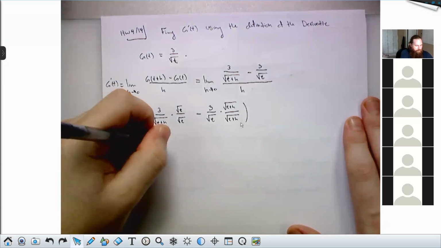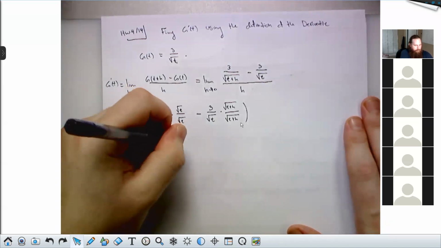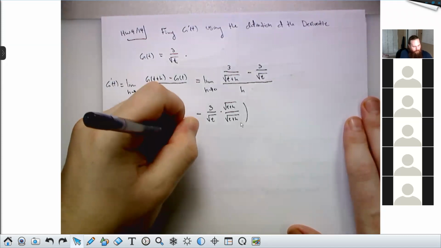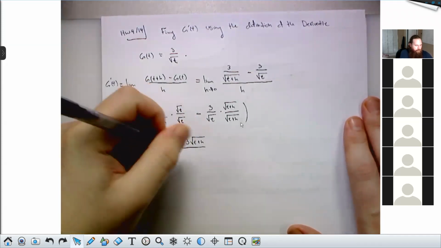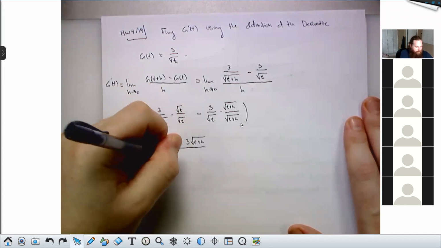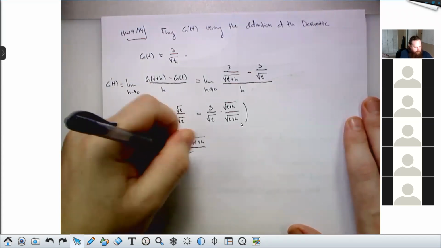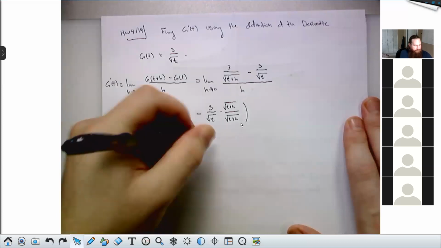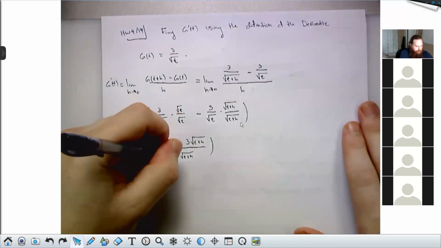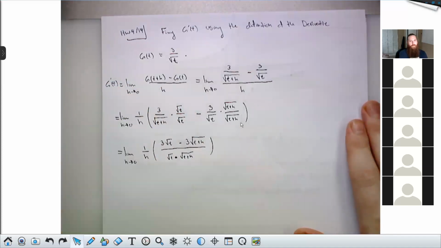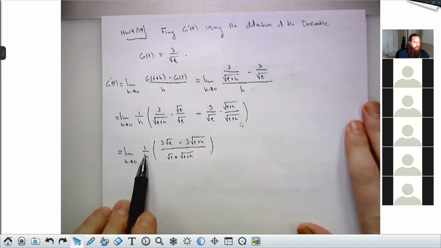So this will be 3 square root of t minus 3 square root of t plus h over square root of t times the square root of t plus h. All right, and these are multiplied down here. I'll make that clear. I still have the issue with an h downstairs. Can't send h to 0 yet.